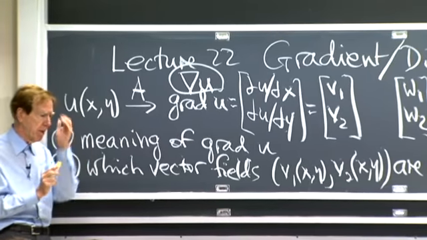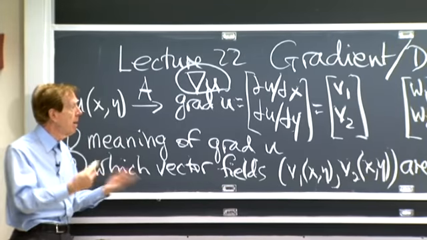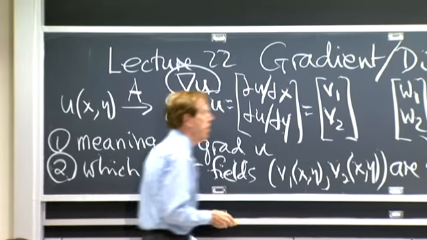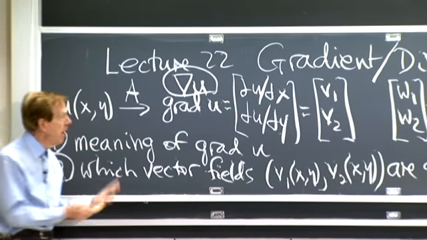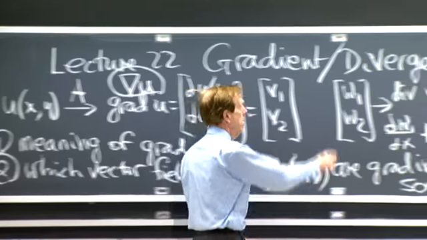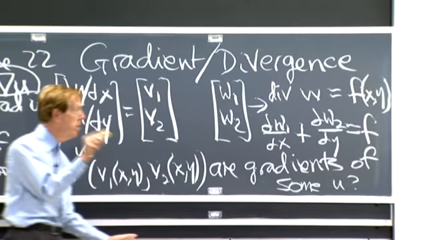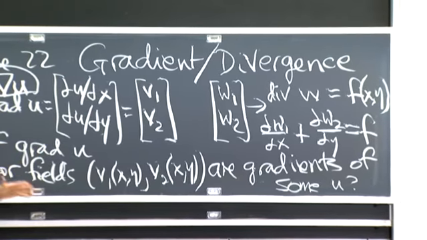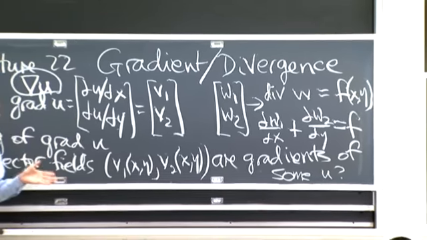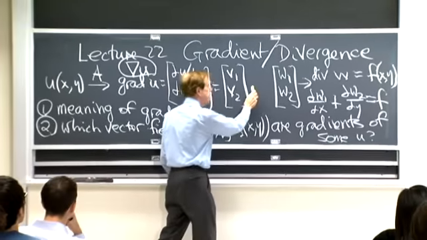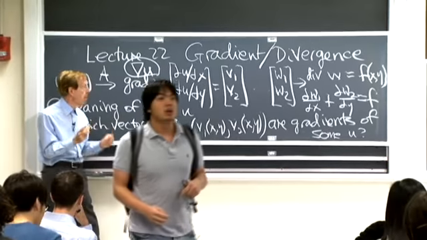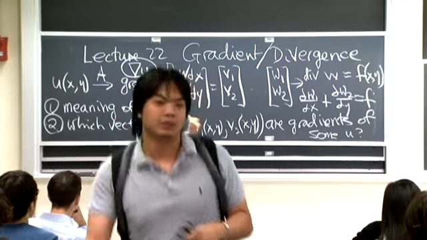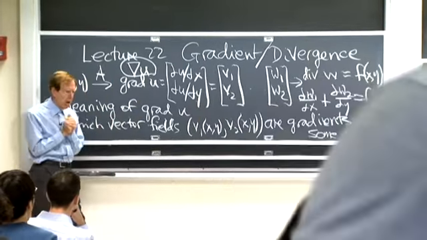I'll use the word potential for u, and I'll use v instead of e for the velocity components. So that's the A. And then on the other side, I start with a w. It's a vector field. It's actually a momentum. Most often, the step between here and here will be the identity. That's what gives Laplace's equation.